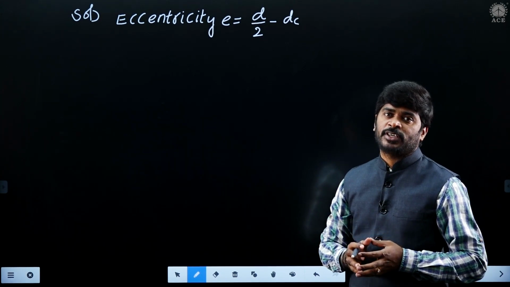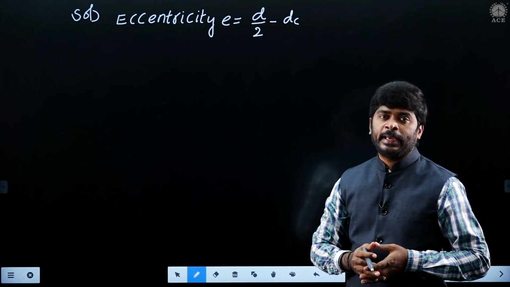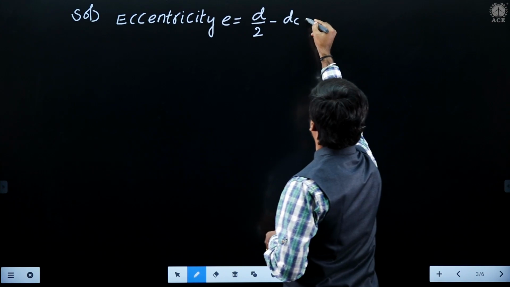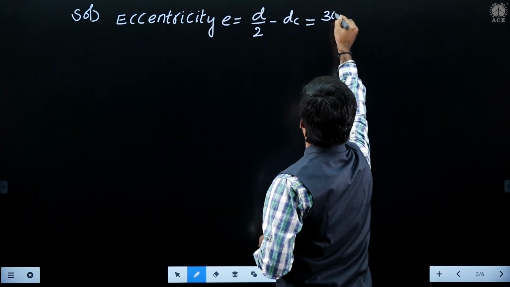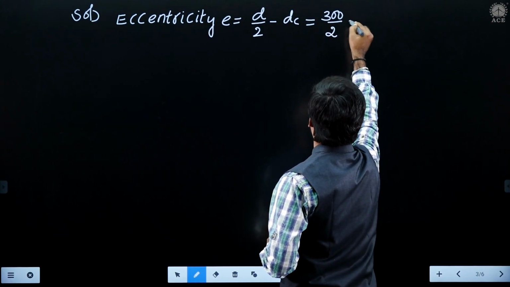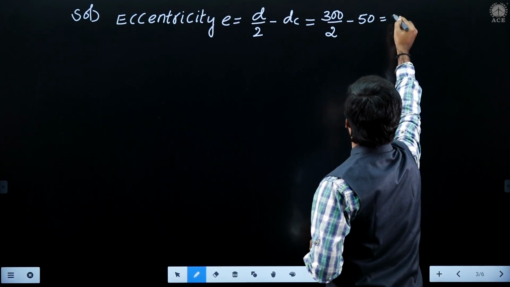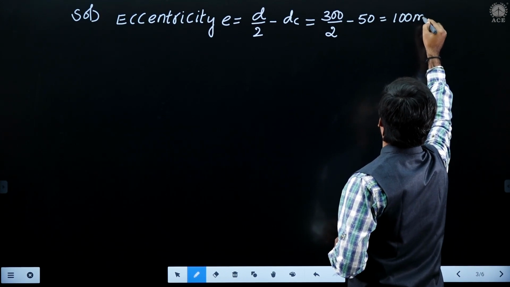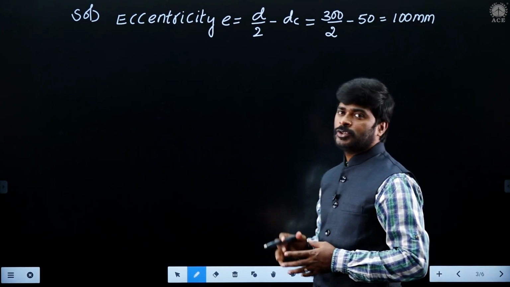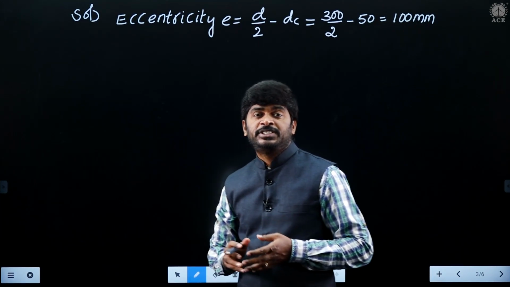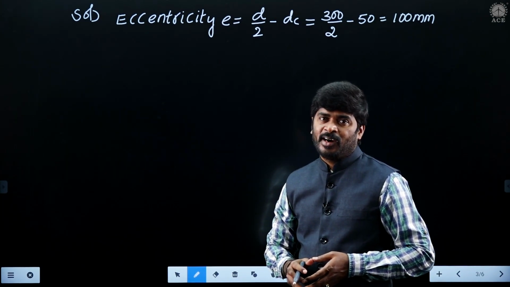If you take the difference of these two, you will get the eccentricity. It is 300 mm by 2 minus 50, so 150 minus 50, you will get 100 mm. So the eccentricity of the tendon from CG will be 100 mm.